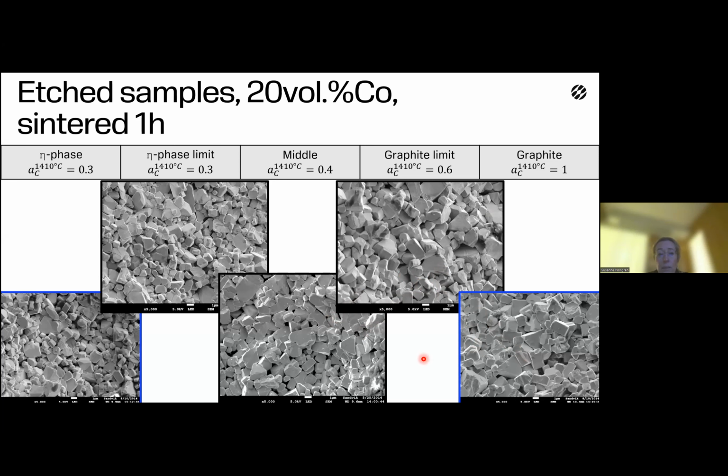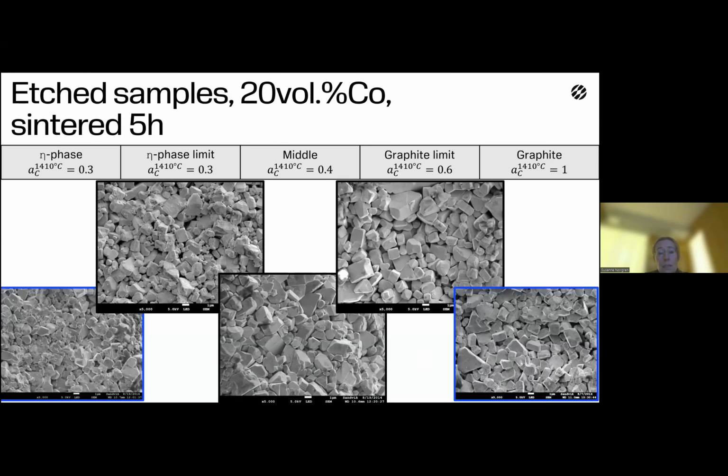So in order to study that, we also sintered the same samples for 5 hours, so that the time when we heat the sample would be small compared to the time up at sintering temperature, and thus the relative difference in melting point would be small compared to the time in the liquid.